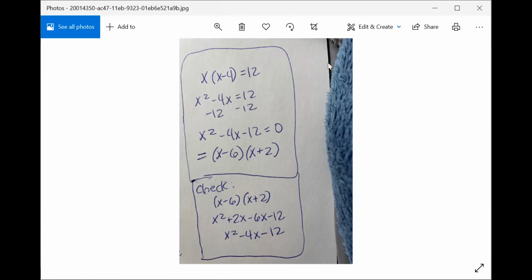I really appreciate it. All right, so the work she had is x times x minus 4 equals 12. And she subtracted 12 from both sides, and she got x squared minus 4x minus 12. This step is correct. Even though you don't have to show the teacher you're subtracting 12, you can go straight here.